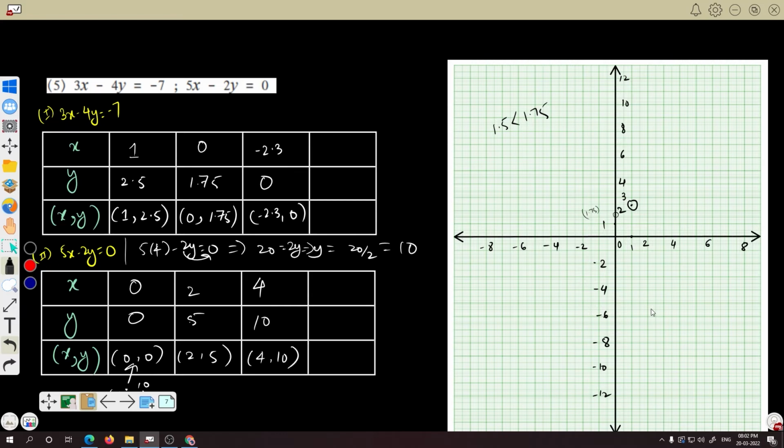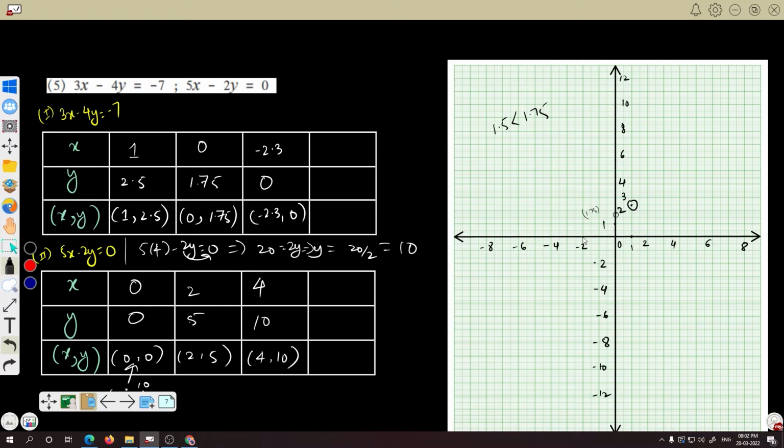I'll just zoom out. The next point is minus 2.3. So I'll just mark this again. Okay, so in this case, x coordinate is minus 2.3.